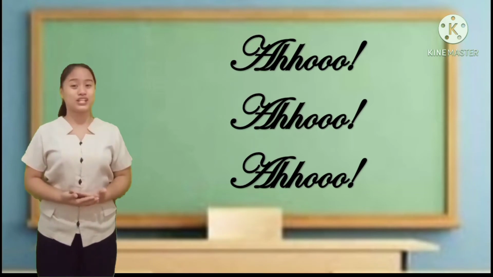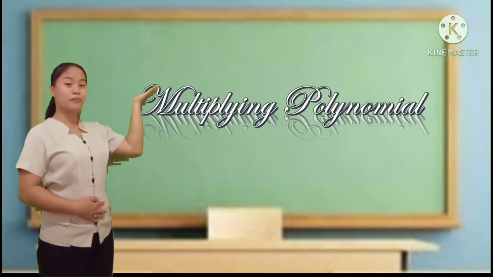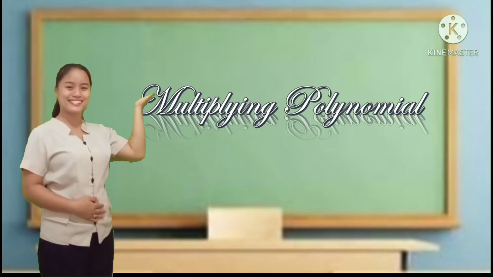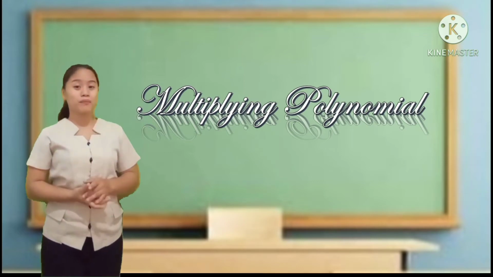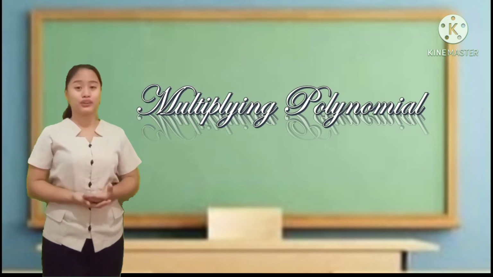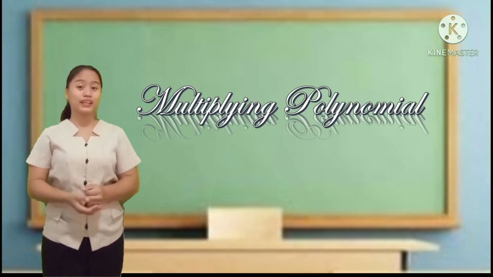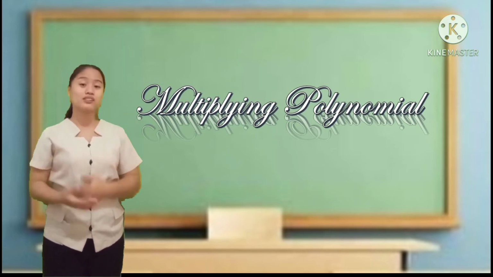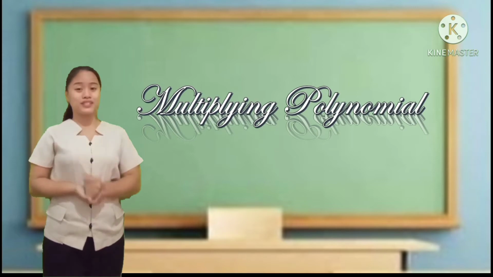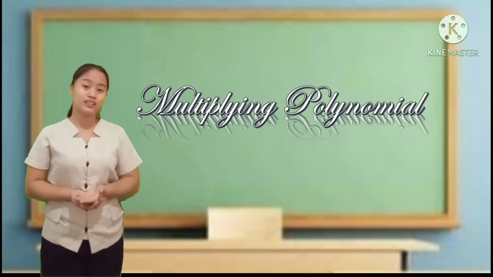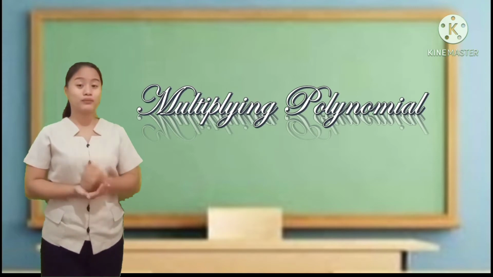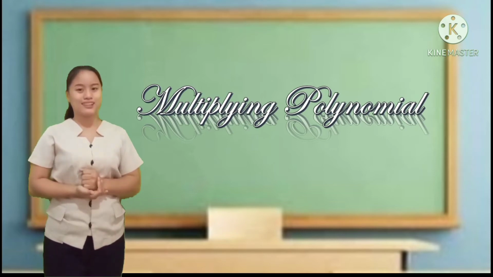So let's start our discussion about multiplying polynomials. Class, in multiplying polynomials, you will encounter a lot of terms including FOIL method and also distributive property. So we will apply the FOIL method and distributive property for multiplying polynomials.